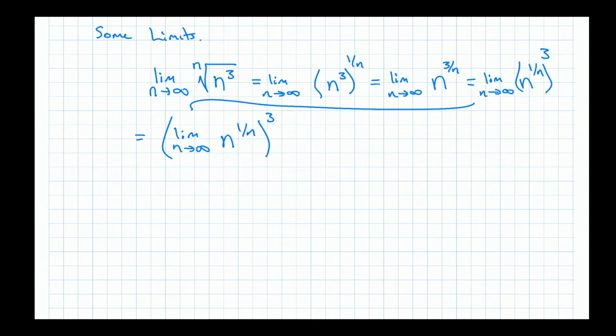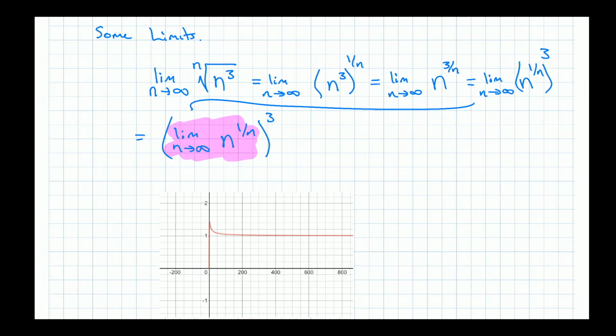Now let's look at this right here. Limit as n goes to infinity of n to the 1 over n. Now, I'm not going to formally evaluate that limit for you, but what I am going to do is just show you a graph, and then we'll know what this actually looks like. So let me find the graph. There it is. All right.